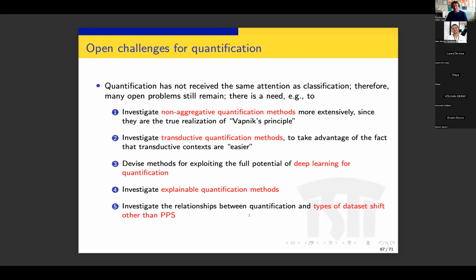Aside from advanced topics, something that I would like to discuss is what the open challenges for quantification research are. As you might imagine, quantification has not received the same attention as classification. Classification is sort of the mother of all supervised learning tasks.